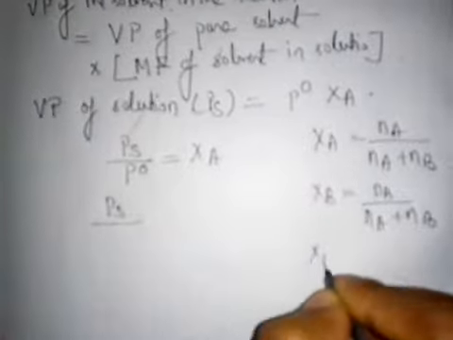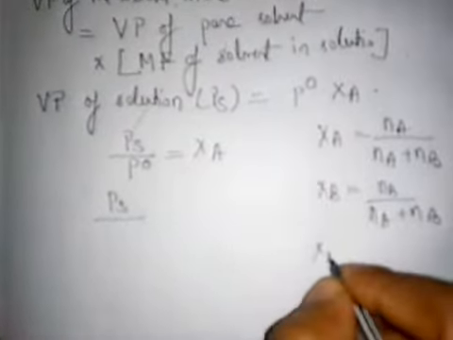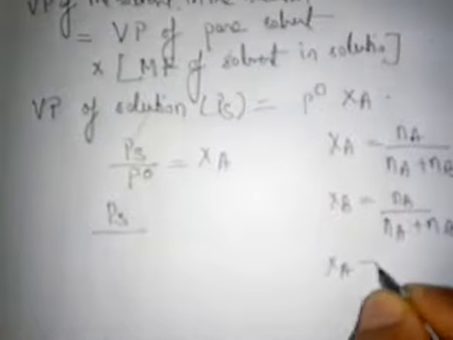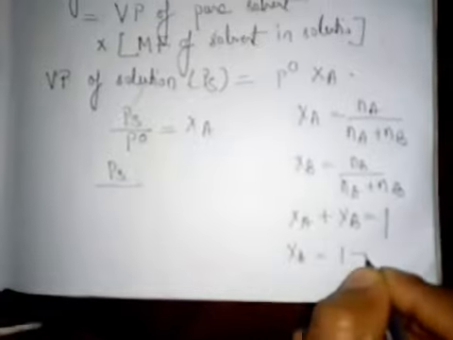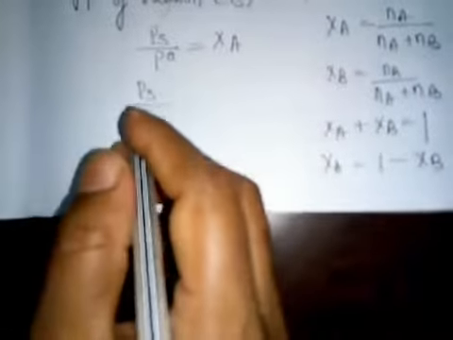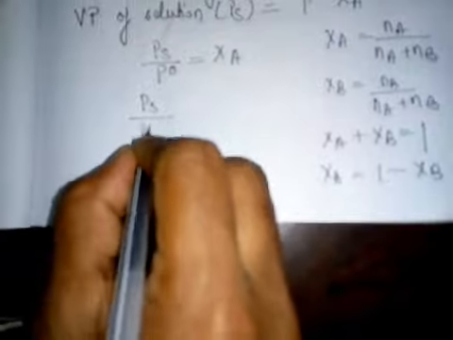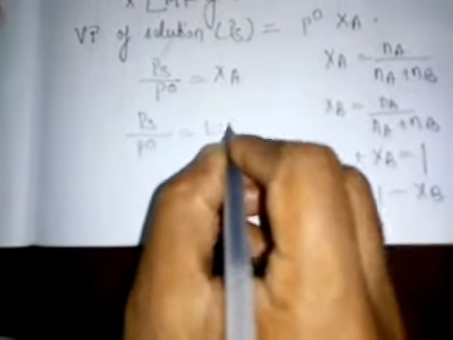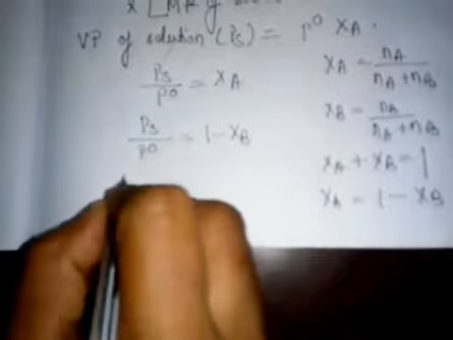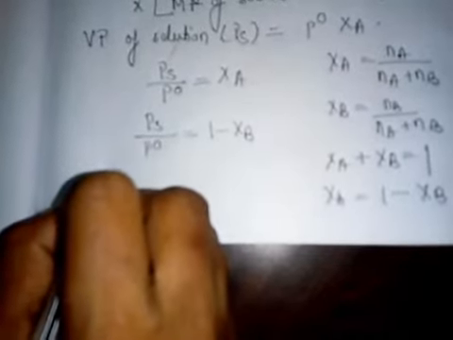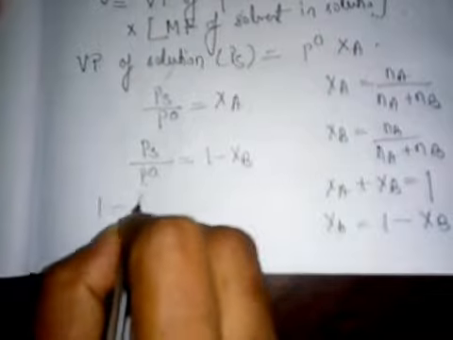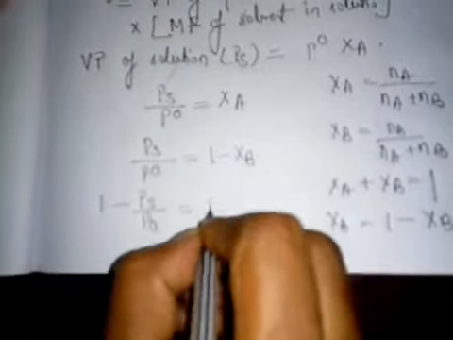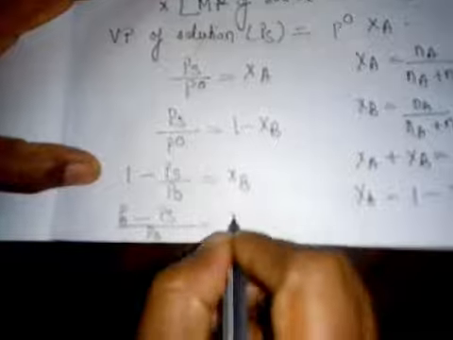So in place of XA I can write 1 minus XB, because XA plus XB is equal to 1, or XA is equal to 1 minus XB. So PS by P naught is equal to 1 minus XB, or I can write 1 minus PS by P naught is equal to XB, or P naught minus PS by P naught is equal to XB.